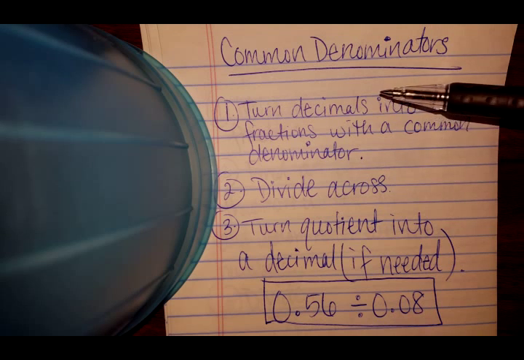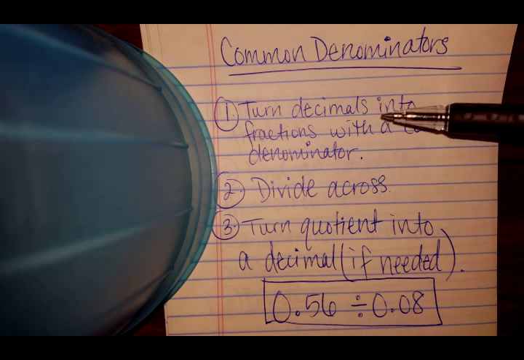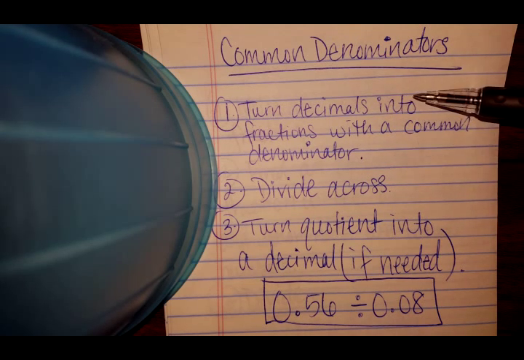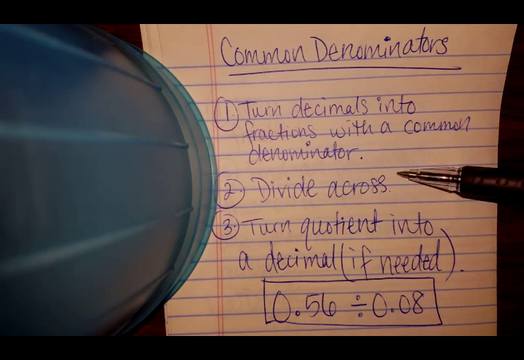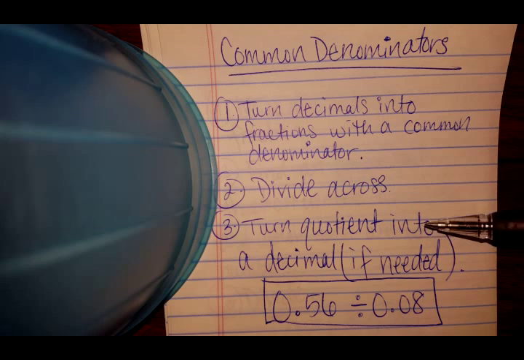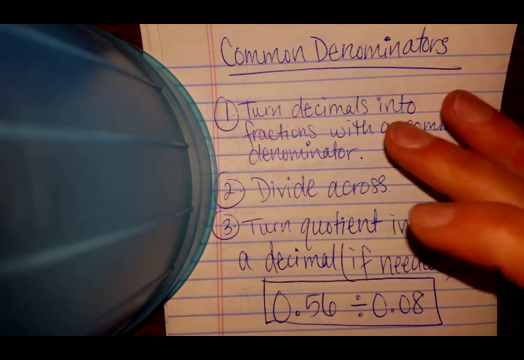Our purpose here is to create a really easy to solve division problem. So after you have a common denominator, you just divide across and then turn the quotient into a decimal if needed. Sometimes it will be, sometimes it won't be.